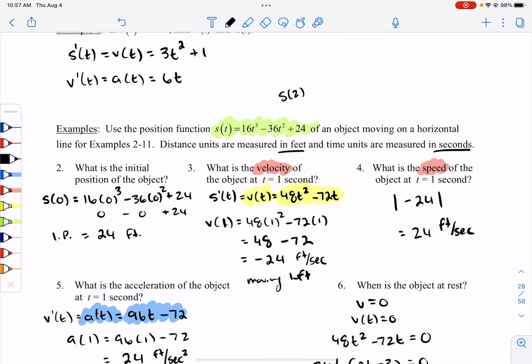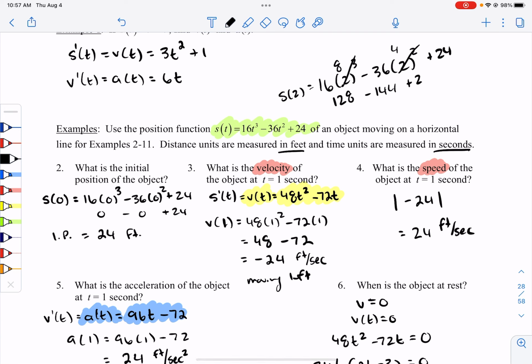S of 2 equals 16 times 2 cubed minus 36 times 2 squared plus 24. All right, so 16 times 2 cubed, that's going to be what? Because that's 16 times 8. 16 times 8 is 128. 36 times 4 is 144.